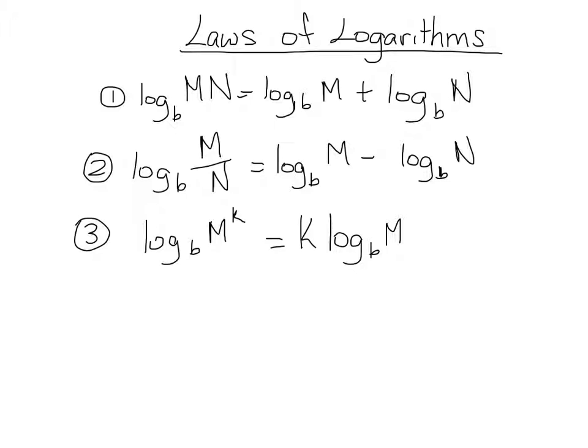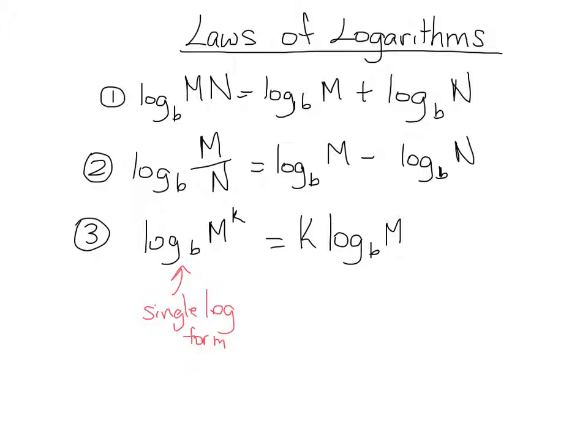I call the things on the left side the single log form. I don't think that's an official name, but I'll tell you why I call it that. As you can see on the left side, there's just a single log. So that's our single log form.